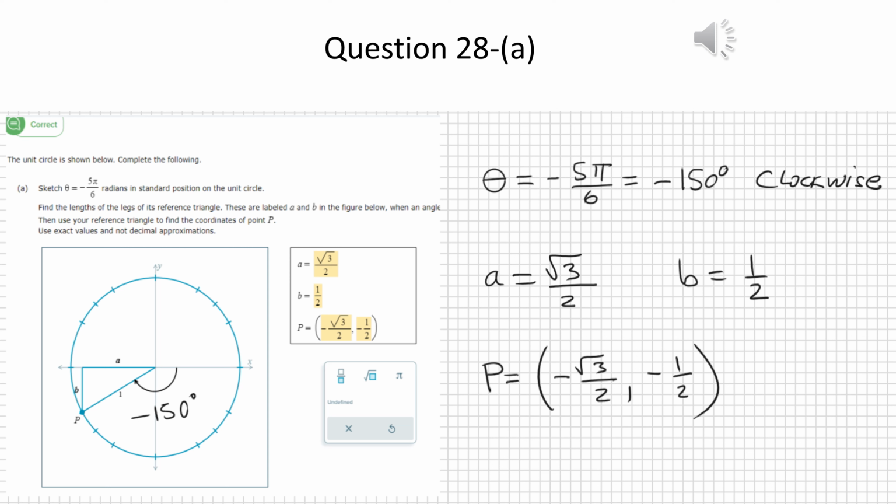Cosine in this case is 210 degrees. You analyze it like a positive direction. And B is like a sine, which is 1/2. Of course it's down. So in the component, when you write the point P, both are negative: negative radical 3/2, comma, negative 1/2.